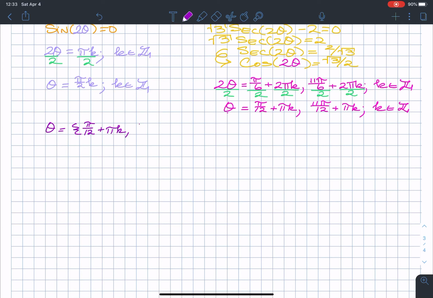The next one is pi over 2 k. And then the next one will be 11 pi over 12 plus pi k, where k is an integer. So these are all infinitely many solutions to this. Okay, so before I continue on, I'm going to make a third video for this section.